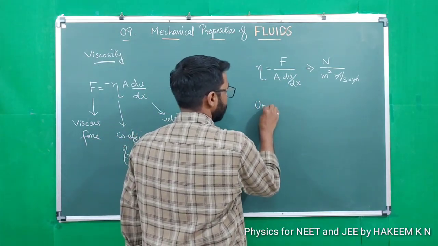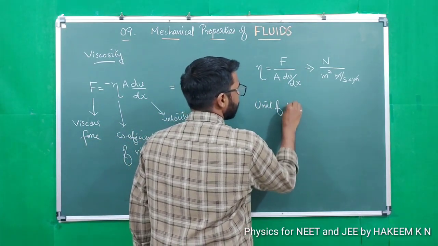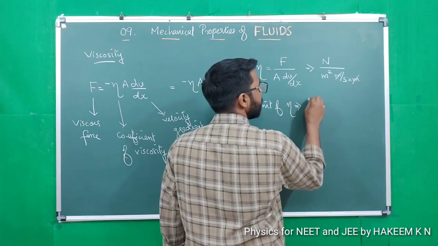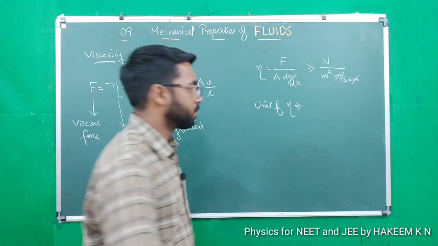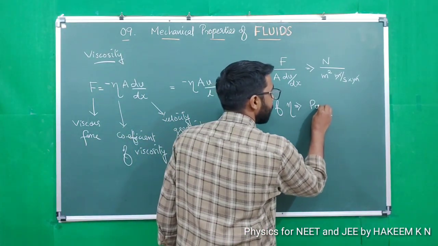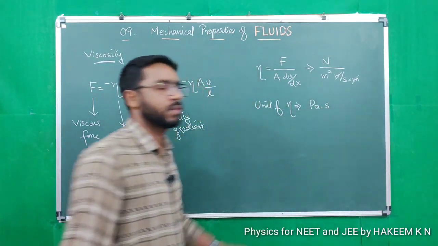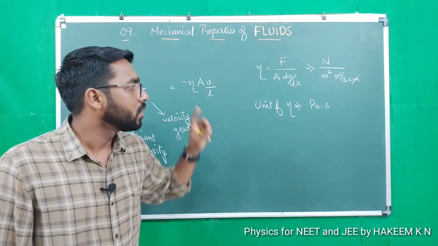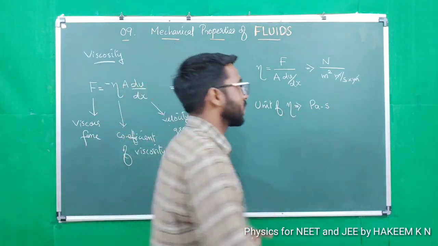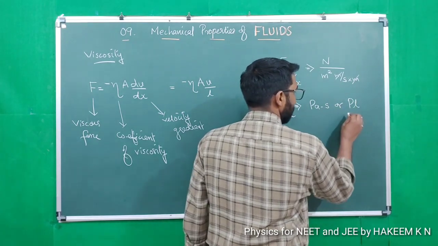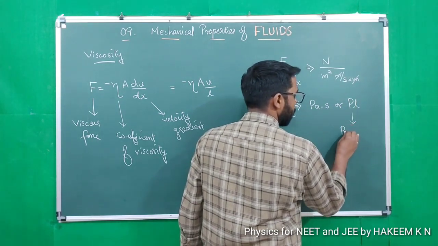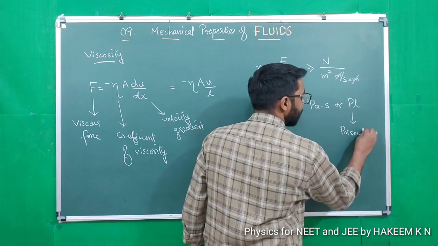So the unit of eta is Newton per meter square, which is Pascal, the unit of pressure. So we can say Pascal second. Second will go to the numerator. The unit of eta is Pascal second, or it is called PL. PL is actually what? Torricelli.